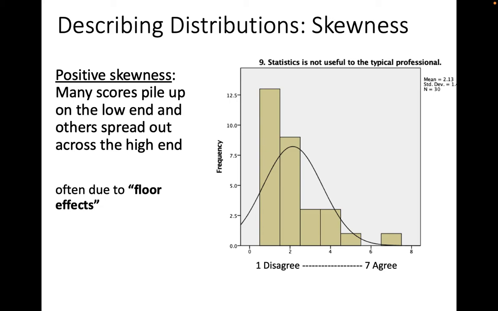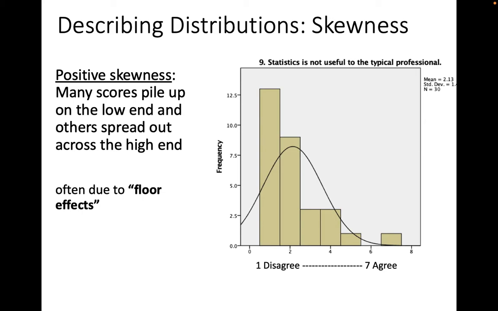The lowest rating was 1, disagree, and we see the scores start to pile up at a value of 1. So there's a floor here because it is impossible to give a score that is less than disagree the way that this question is asked. So we have a floor effect.